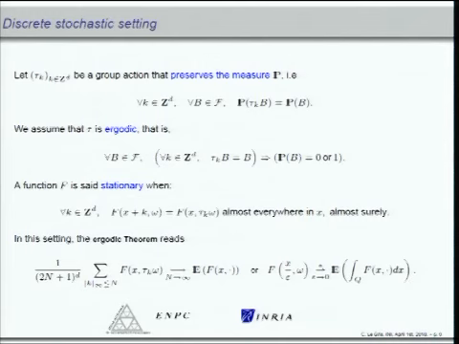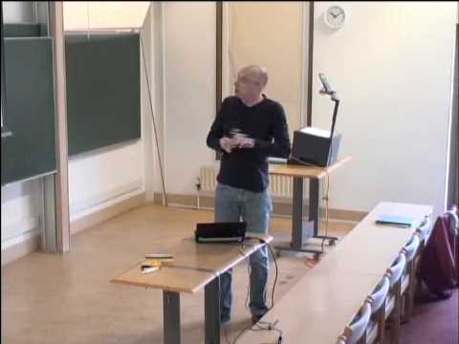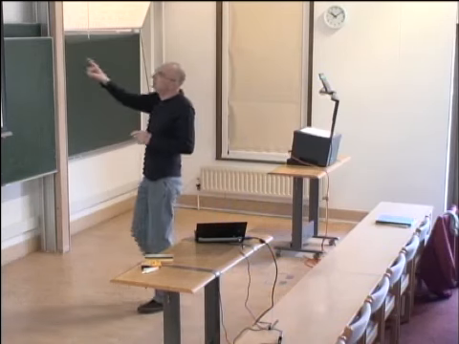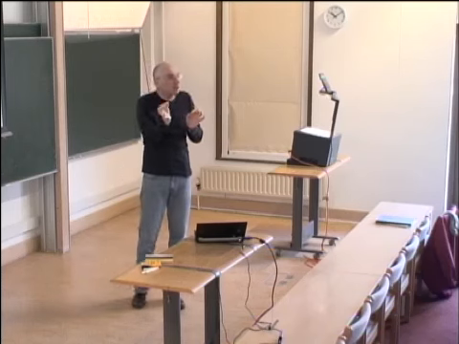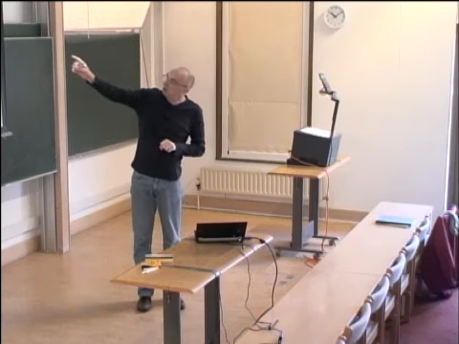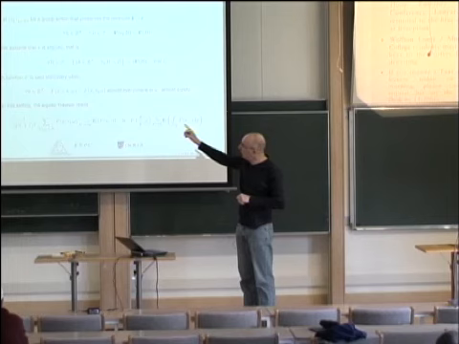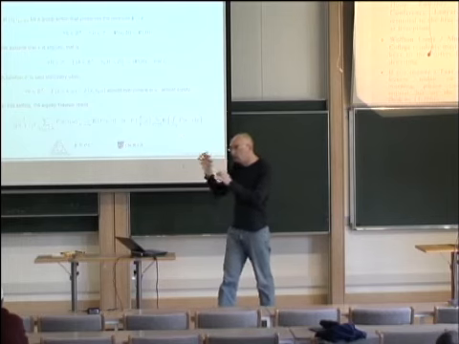It's just saying, okay, I will put a discrete stochastic setting, so I have a group action which preserves the measure. Everyone knows this, but I'm just defining my notation here. I assume that the group action is ergodic, and maybe a slight specificity is that I am taking a discrete stationarity. So it's f of x plus k, k being in Z^d, so k is an integer.